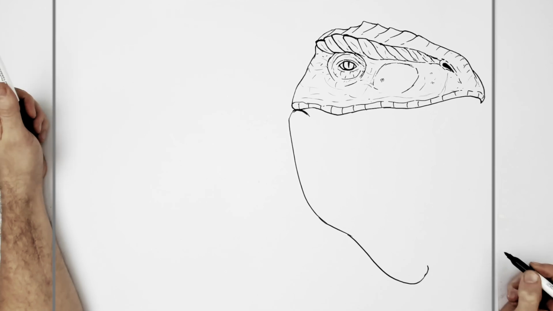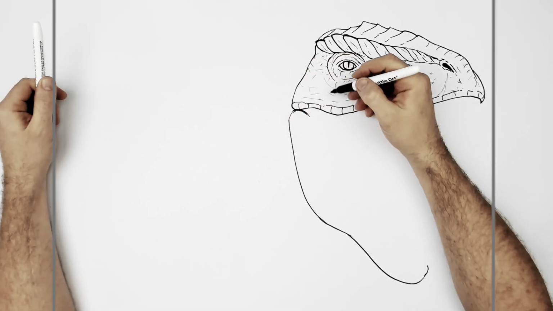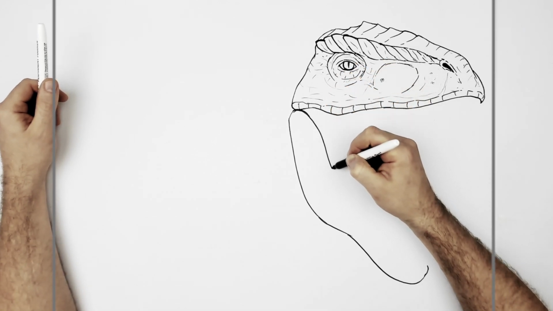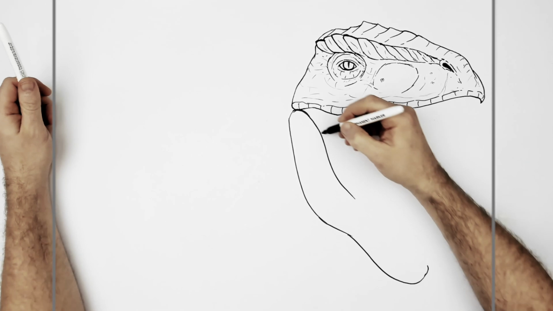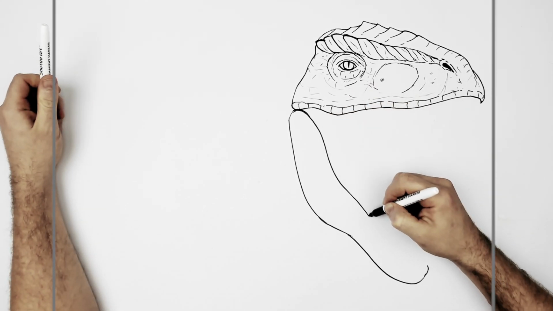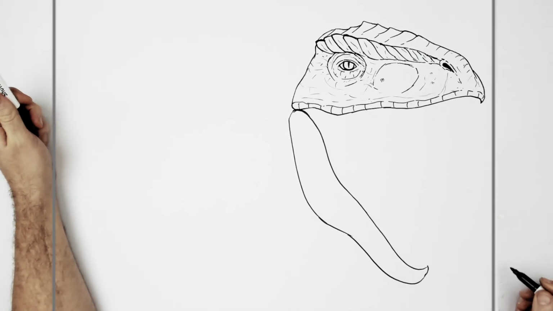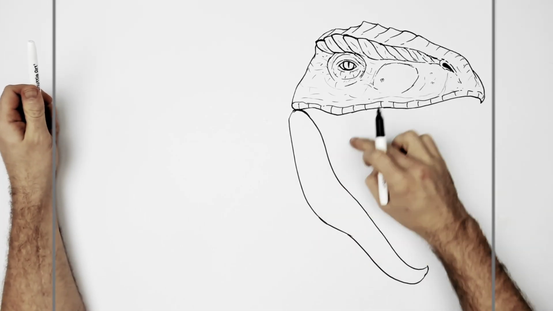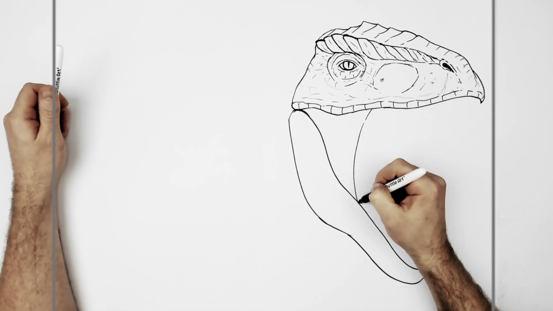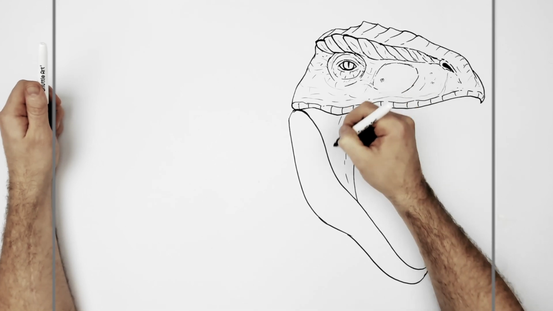Just there. And we've got to do the inside line. So it kind of goes down and then up a bit. And then down again. Around here. Then we have a skin flap that keeps his jaws connected, just like this kind of thing. And then this has wrinkles.